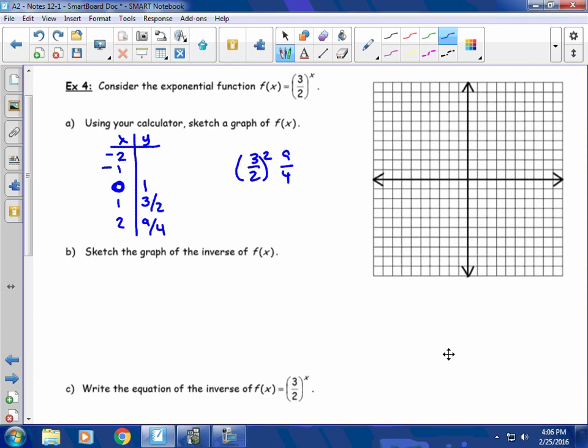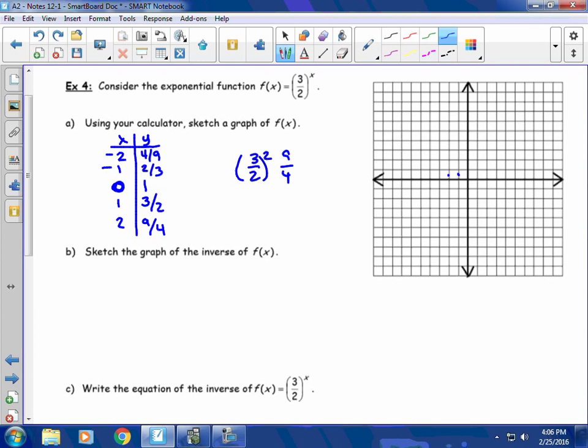So if (3/2) to the first is 3/2, what's (3/2) to the negative first? Negative just means flip it, so 2/3. (3/2) squared is 9/4, so (3/2) to the negative second is 4/9. And again, your calculator would tell you the same thing, just with decimals. So let's plot it. -2, 4/9. It's pretty small. Be right about there.